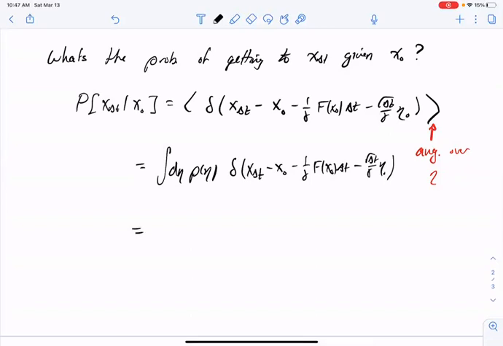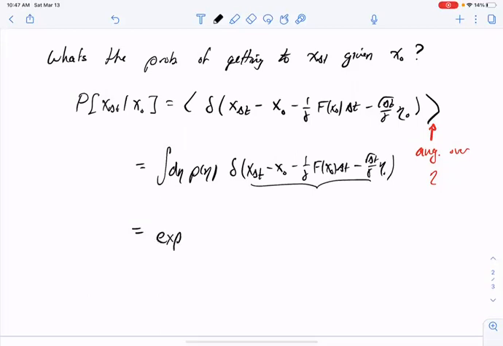As p is Gaussian, that delta function will just kill the integral and replace the argument of that probability with the solution of eta equal to those variables.